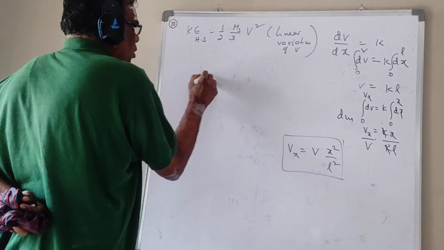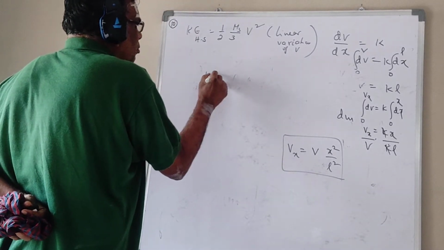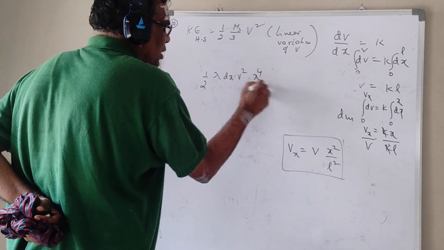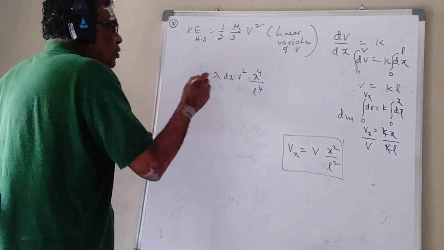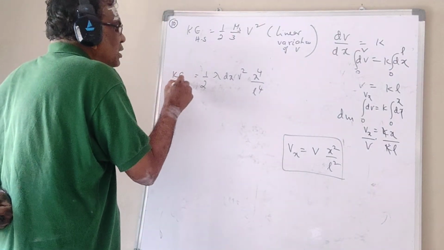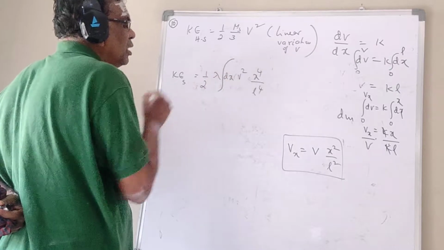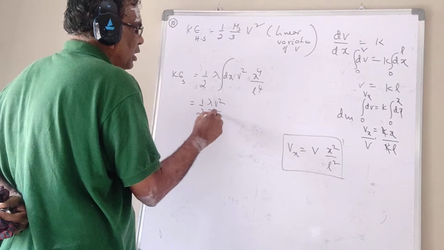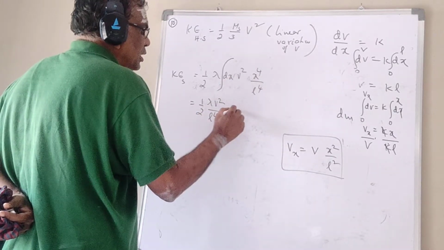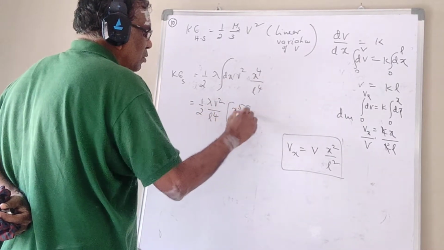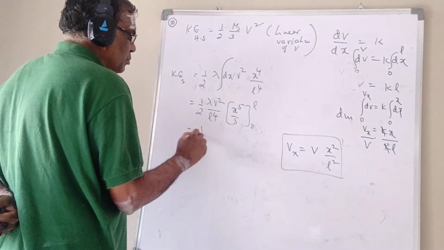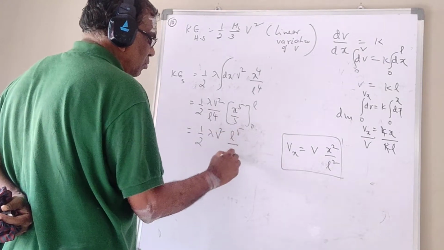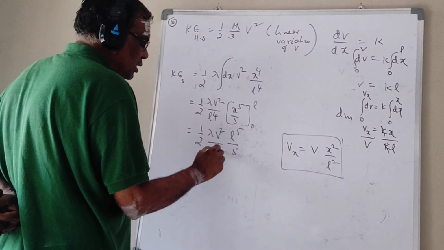Half dm, that is lambda dx, into v squared into x raised to 4 by L raised to 4. This is the kinetic energy of the spring. I am now taking half lambda v squared by L raised to 4, x raised to 5 by 5, from 0 to L. That gives half lambda v squared L raised to 5 by 5, and this is L raised to 4.